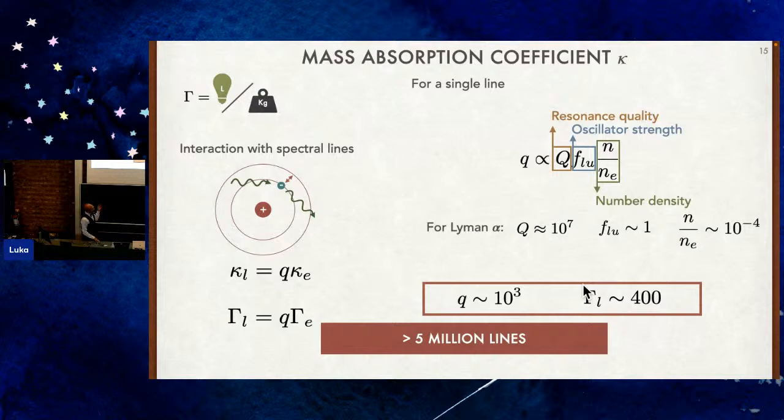Now, the important thing here is that there are many such lines. We only considered one. The question will be, how do we account for all those in our database, where we use 5 million lines?